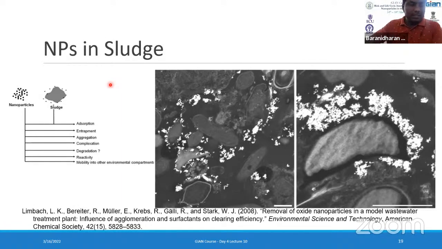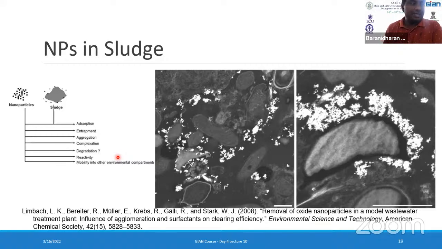So these nanoparticles can either get absorbed onto the medium, or get entrapped, or get aggregated. Because of its aggregation, it can get settled, and then through complexation again, it forms a mass and gets settled out, or it degrades. There is very little chance for these nanoparticles to get degraded.